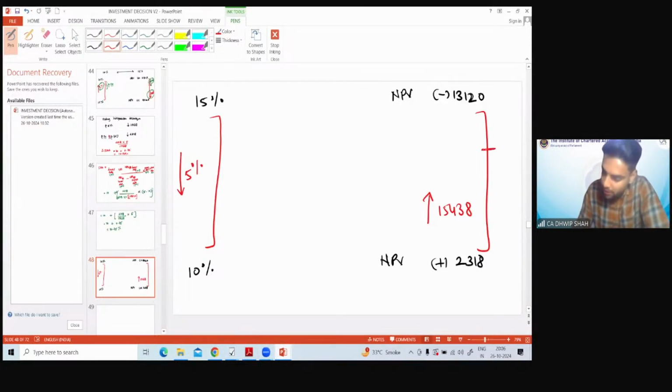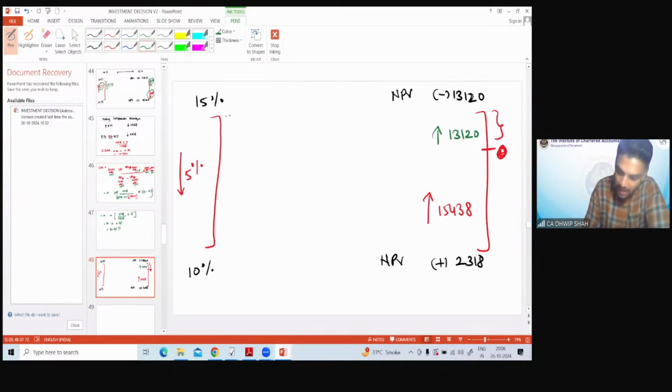I just want to increase my NPV by 13,120 only so that I can reach the 0 point. So by how much percent do I need to decrease this discounting rate? Okay, let's solve that, again by interpolation.